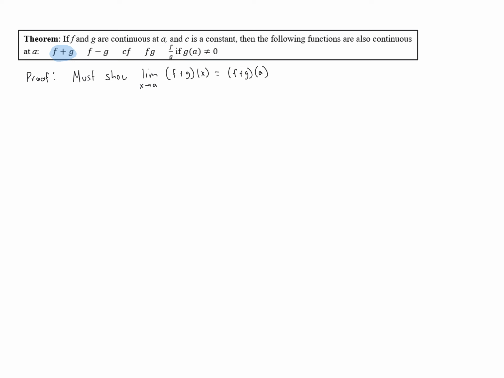Because that's what continuity at a point means. It means that the limit of the function at that value, as x approaches that value, is just equal to the function evaluated at that value.